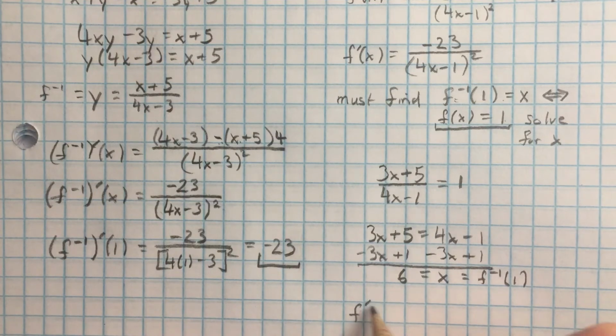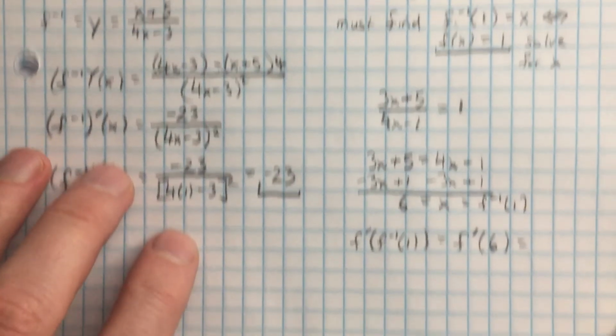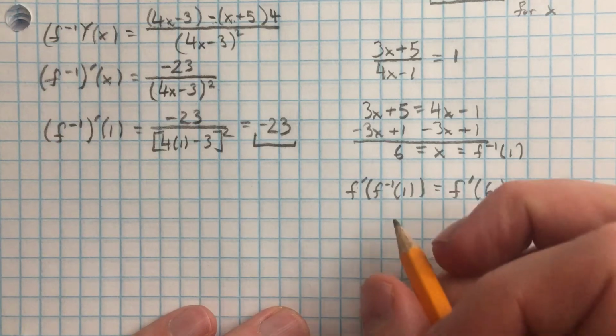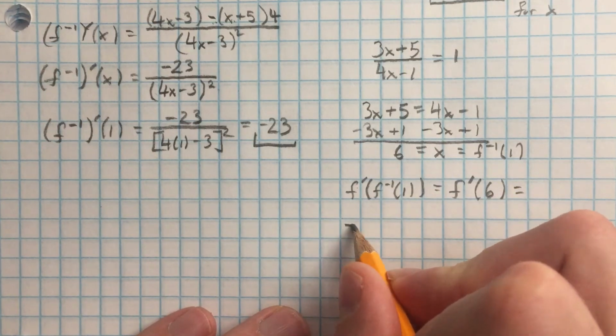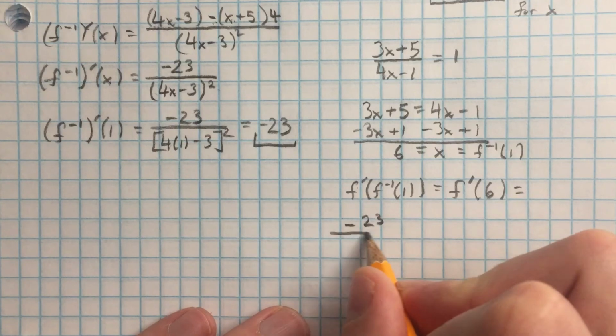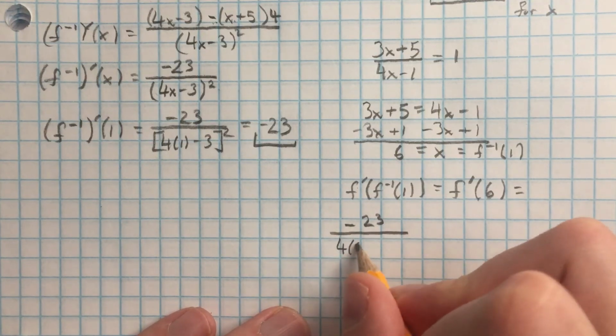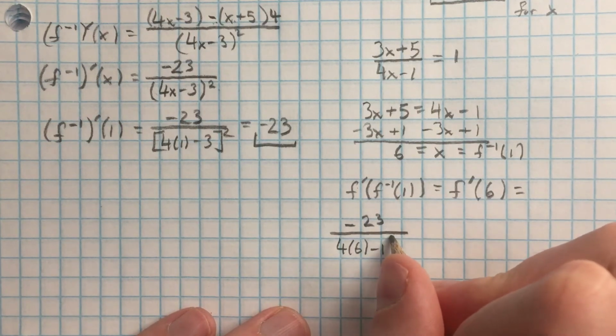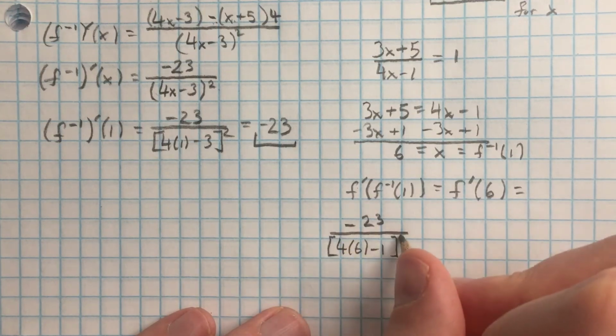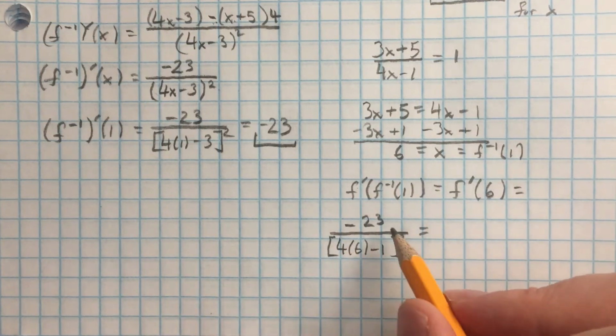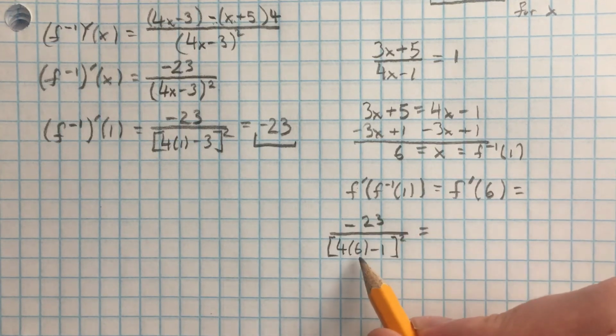So f prime at f inverse of 1 is f prime at 6, but f prime at 6 is negative 23 over 4 times 6 minus 1 quantity squared, which is, we have negative 23 over what? 24 minus 1 is 23, 23 squared.